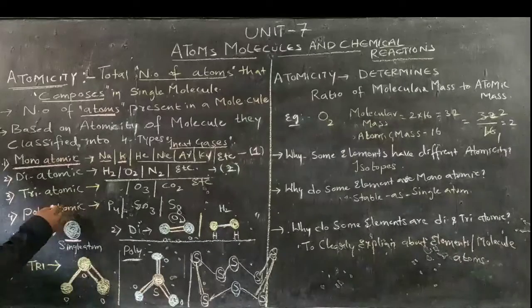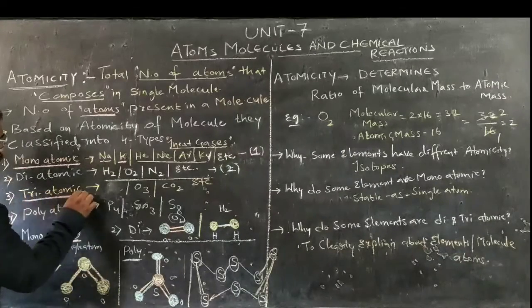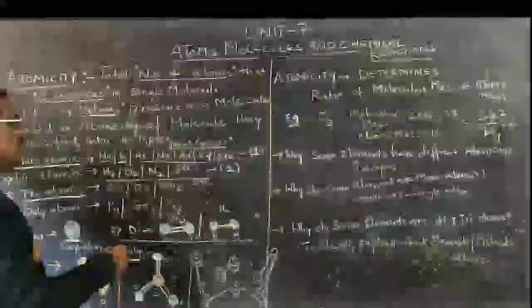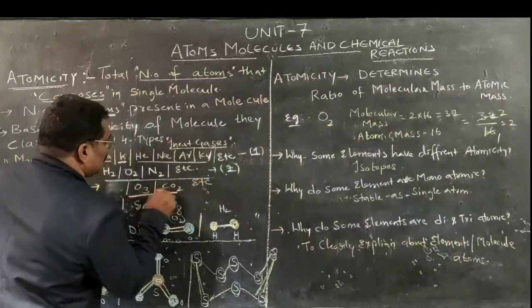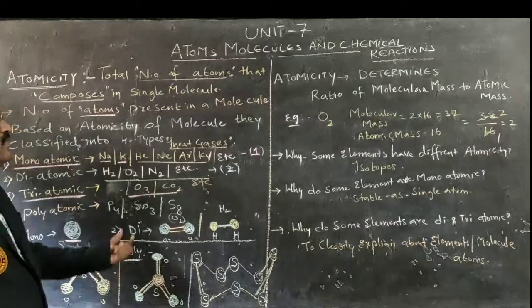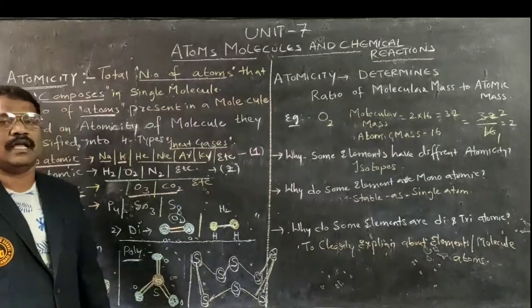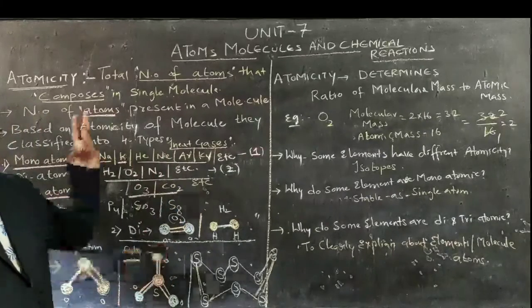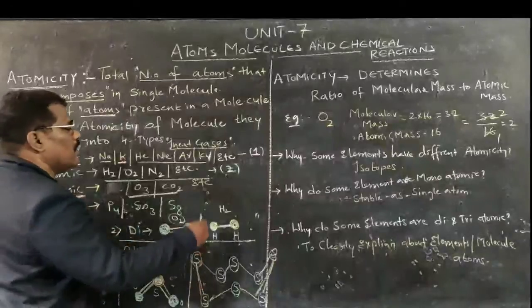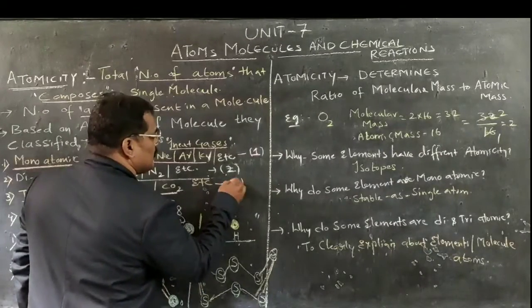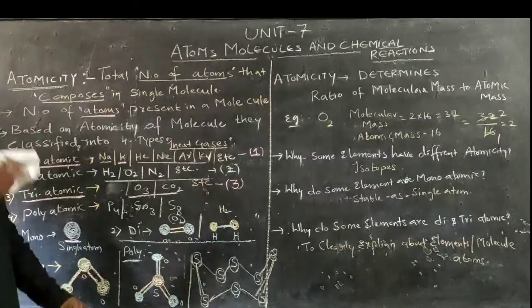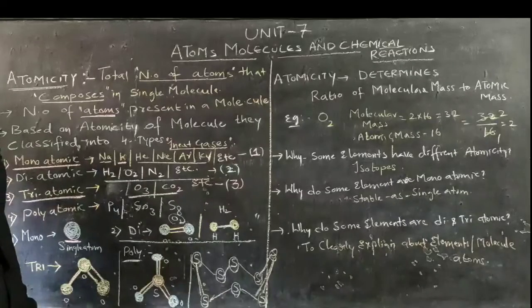Next, coming to triatomic molecules. The best examples I can give are ozone and carbon dioxide. Molecules with 3 atoms, whose atomicity is 3, we call triatomic molecules.